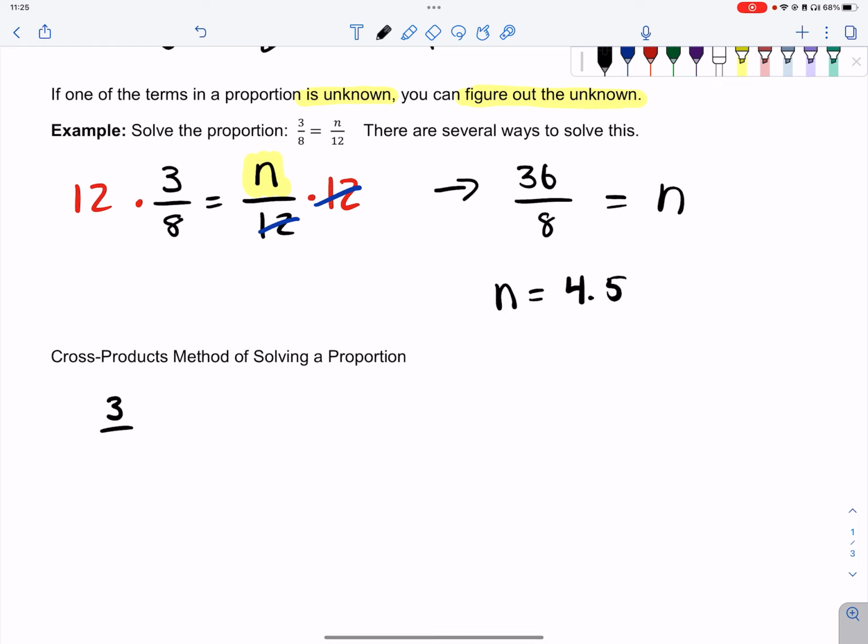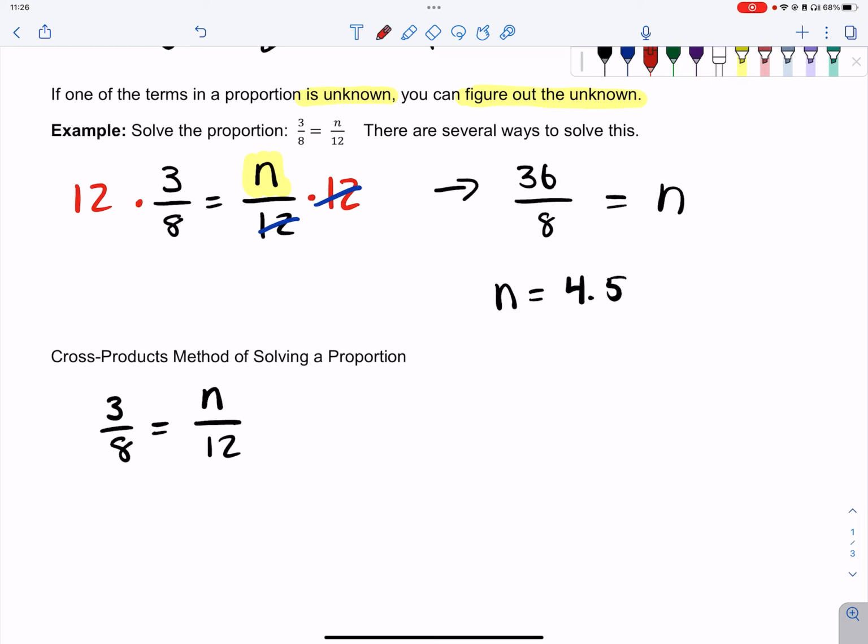The next method here for solving a proportion is what we call the cross product method. And with this, I think it's usually easier to use when the variable is in the denominator, but we can also use it on any proportion that we have. So I can use it to solve this one, same problem as well.